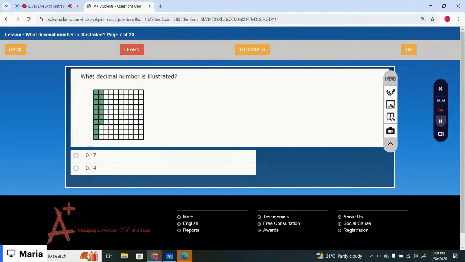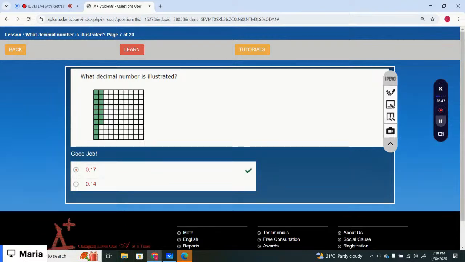What decimal number is illustrated? That is 0.17. Option number 1 is the correct option.